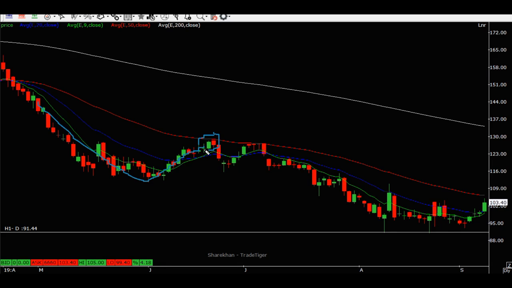We get a doji, so some indecision already coming in. Then you get a hanging man, some more indecision, and followed by another hanging man. So this is a strong indication that this uptrend, this small pullback, is getting weaker, right? Price is facing resistance here, okay? And so we may see a trend reversal from here, right? And that is exactly what happened.